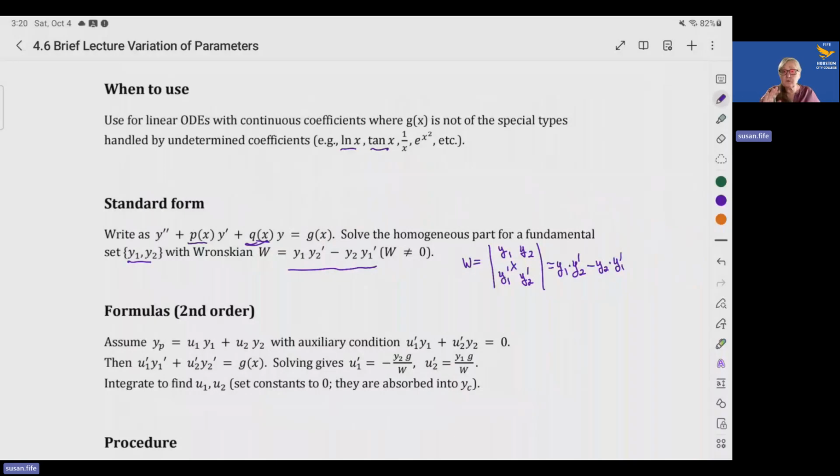So we're just going to assume, they're all based upon this assumption, that you can write the particular solution as u1 times y1 plus u2 times y2, where u1 and u2 are functions of x. y1 and y2 are the complementary solutions.